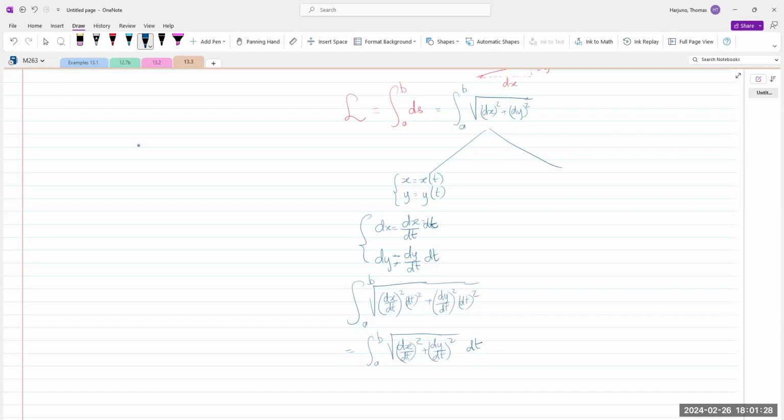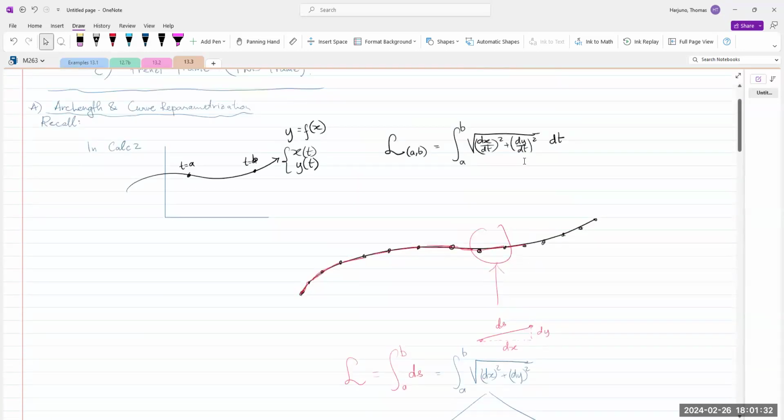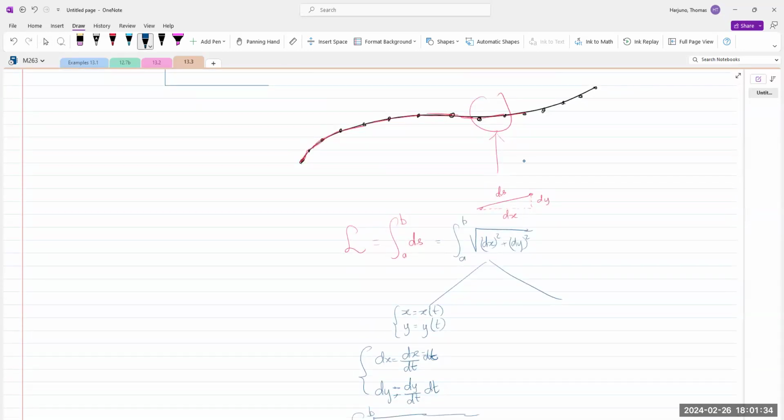Okay, or if our y happens to be a function of x, then dy equals dy/dx times dx, right?